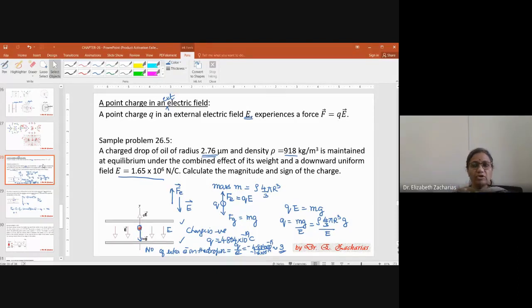So from that they concluded that the charge of each electron has to be 1.6 into 10 to the power of minus 19 coulomb. So that's how the quantization of charge happened. These are landmarks, two important things that came out of this experiment: one is quantization of charge and the next is your specific charge, E by M.